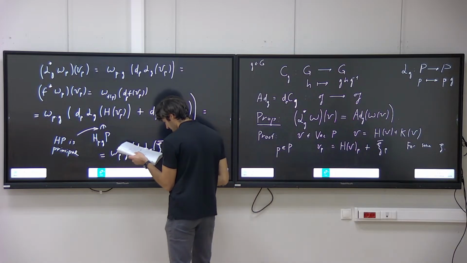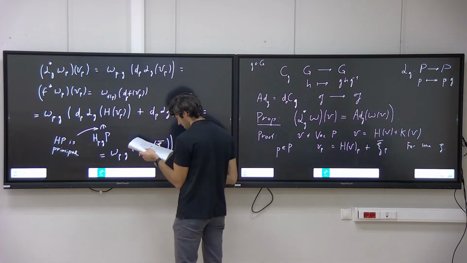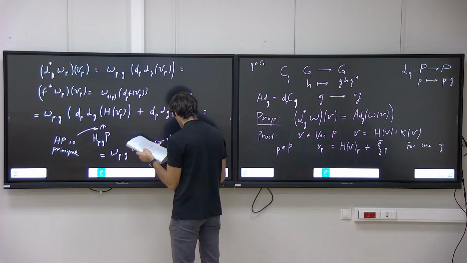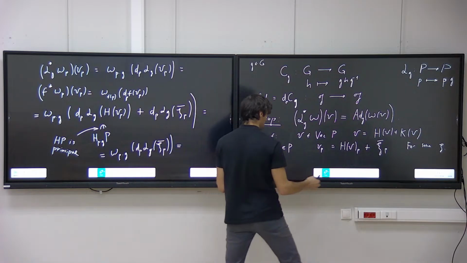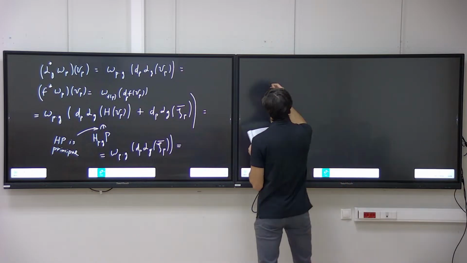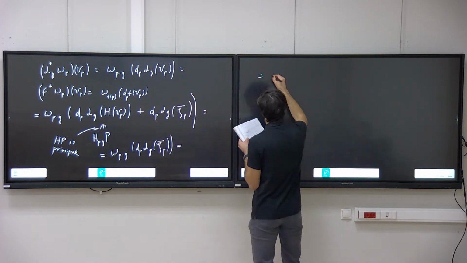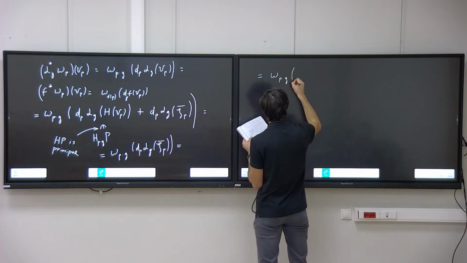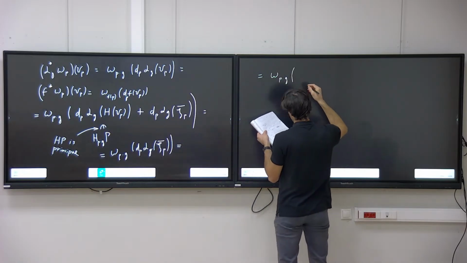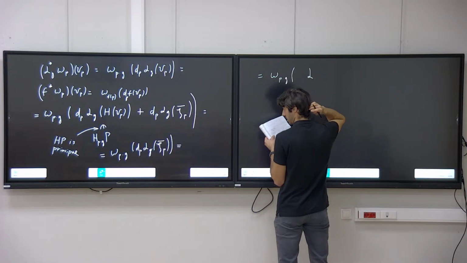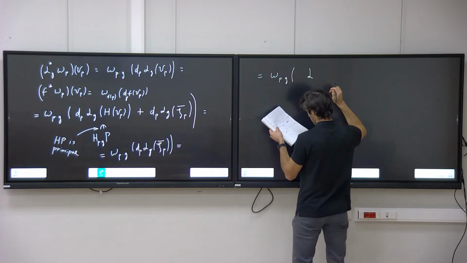But then this is really, let me go here. But just by definition, this is omega p dot g of the tangent vector to the following curve.